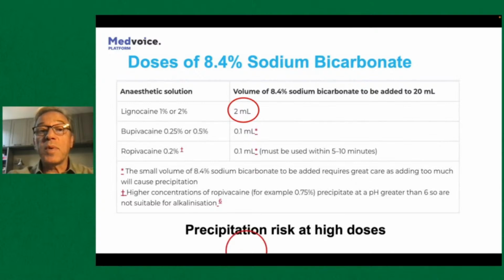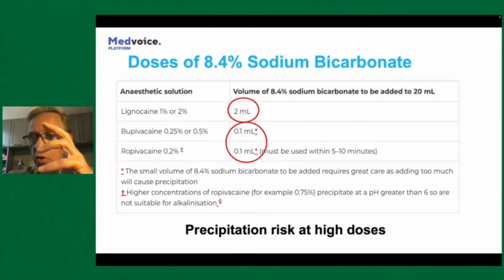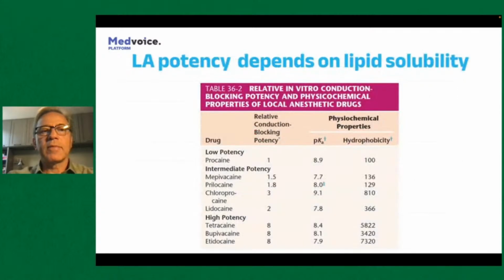If you're using bupivacaine or ropivacaine, you only need 0.1 mL per 20 mLs. Because if you add too much, you are facing the risk of precipitation, so the solution will precipitate and you won't be able to use it. So be careful if you are to use sodium bicarbonate with local anesthetics.